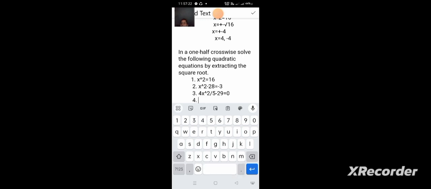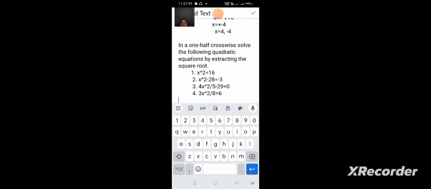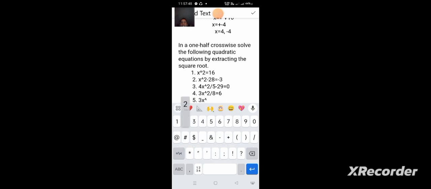Number 4, we have 3x raised to 2 divided by 8 equals 6. And number 5, 3x squared minus 100 equals negative 25.